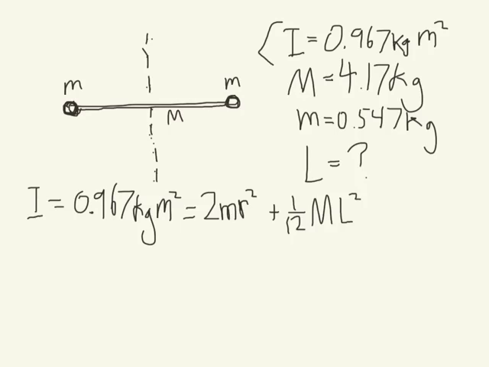So L in this equation is the variable we want to solve for, and we don't know R, but we do know how it relates to L. We know that this R distance is half of the length of the rod. So instead of putting R there, let's put half L.